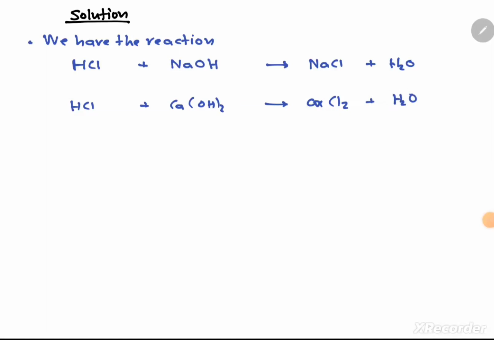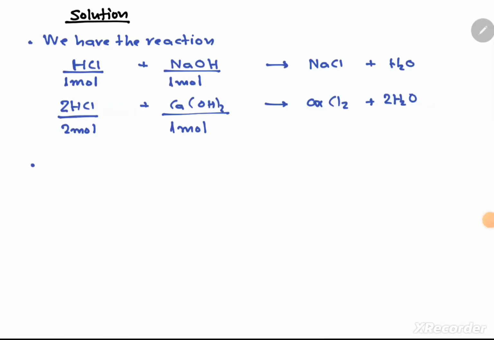We balance the two equations. It's okay, the first and the second we have the coefficients, and in each reaction we write the ratio of mole. 1 mole hydrogen chloride with 1 mole sodium hydroxide in the first. In the second, 2 mole hydrogen chloride with 1 mole calcium hydroxide.